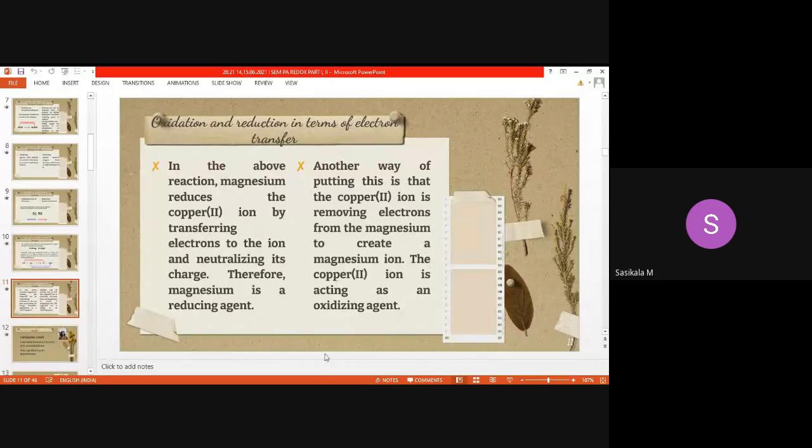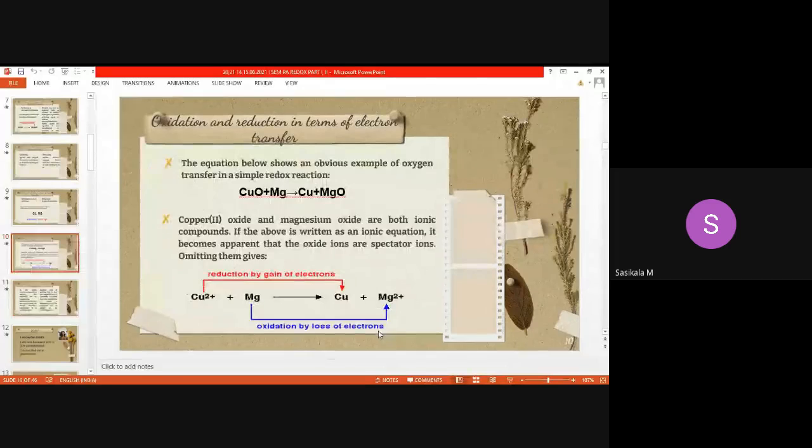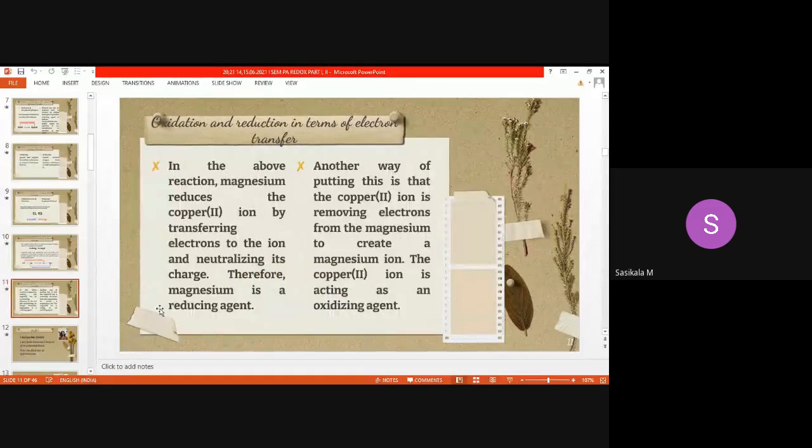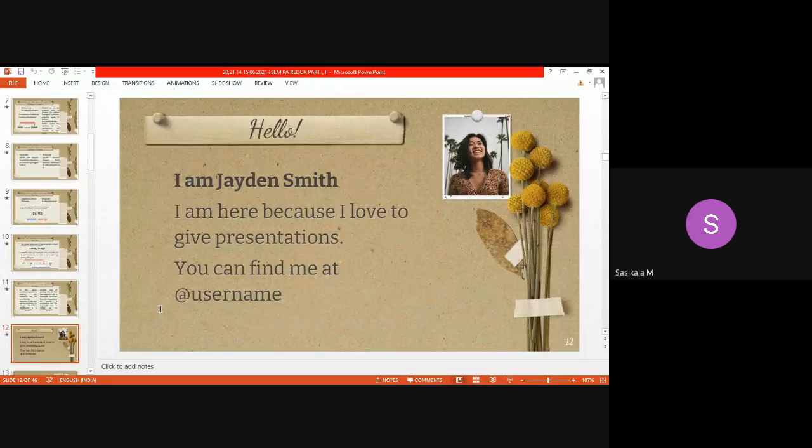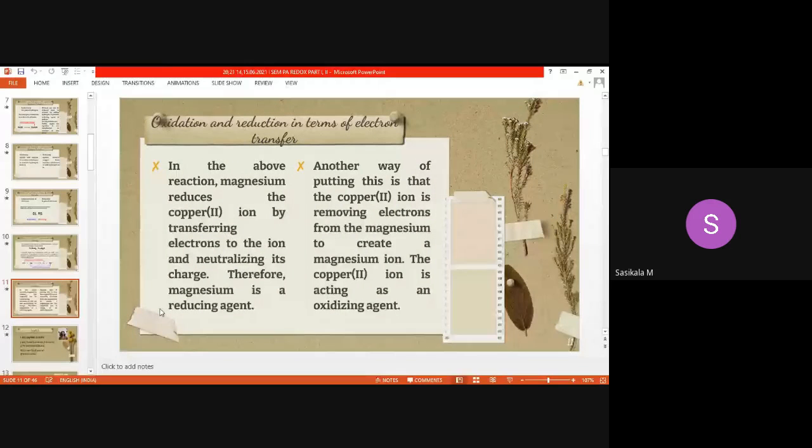So the copper ion is acting as an oxidizing reagent. Copper ion is oxidizing magnesium to form magnesium ion, and magnesium is reducing copper to form copper atom. So this is the reducing agent, this is the oxidizing agent. Clear, no?